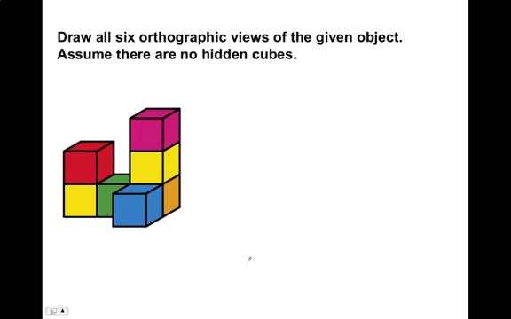We have our cubes that we can put together to create a figure. So if we were to draw the orthographic views of this figure here, let's look at the top. Well, we would see this one, this one, this one, and this one. So when we draw that representation, this is what we would see on the top.